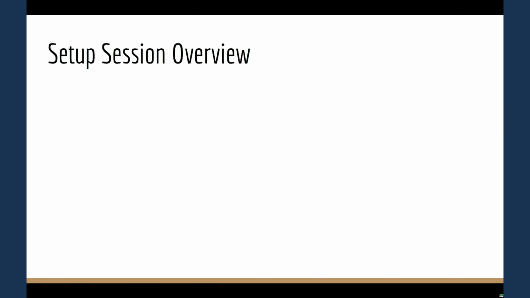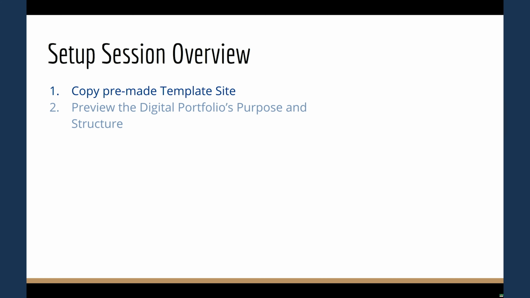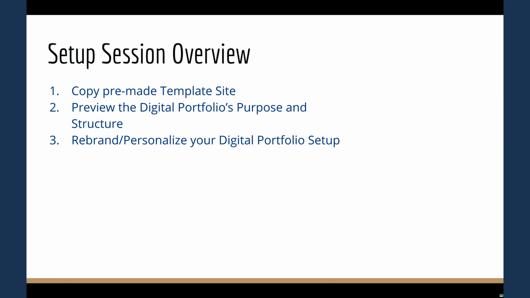In this training session, we will take a look at creating a copy from a pre-made template site. Then we're going to preview what our digital portfolio site's purpose is and the structure of that site. We're going to rebrand that site once we've copied it and make it our own, so that we have our own digital portfolio with our own name and so forth on it.